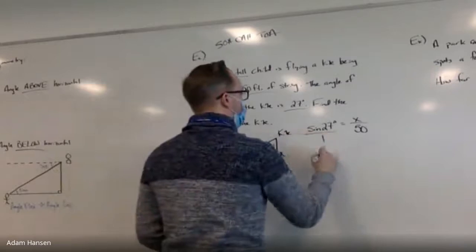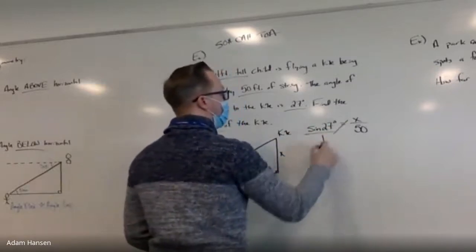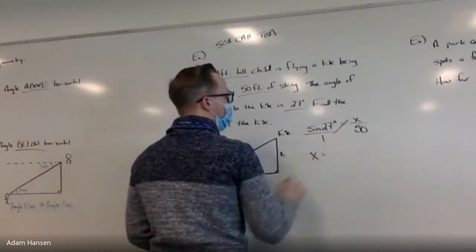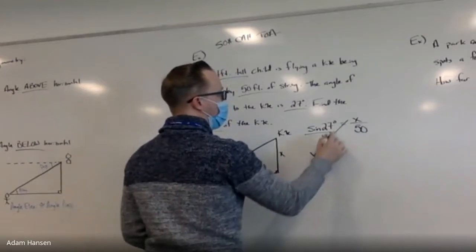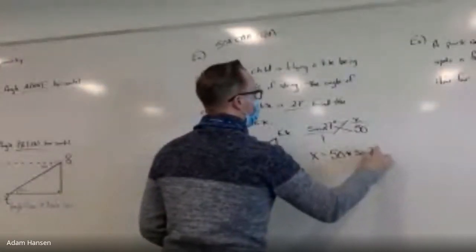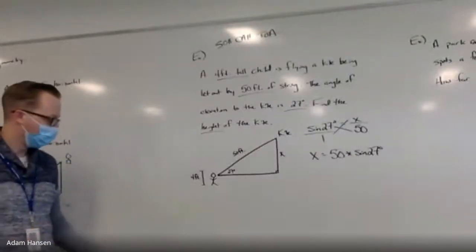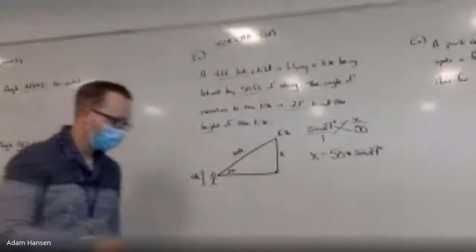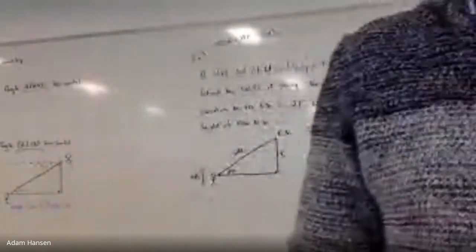Put this over 1 and start cross multiplying. So x times 1, that's equal to the other cross product of 50 times sine 27. Go to your calculator.